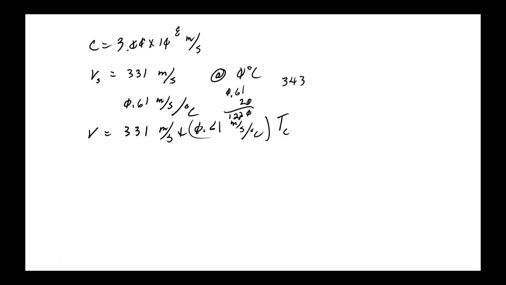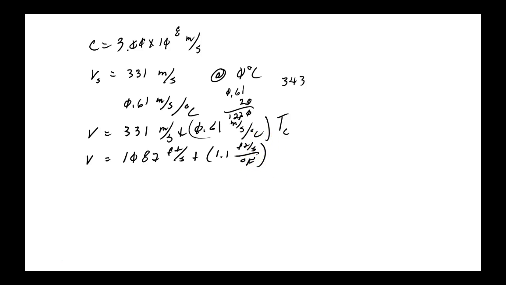Now, if you wanted to do it in Fahrenheit, and this formula should dissuade you from so doing, you would need to be in feet per second, which would be 1,087 feet per second, because a foot is shorter than a meter, so you need more of them, plus 1.1 feet per second per degree Fahrenheit, but a degree Fahrenheit is smaller.